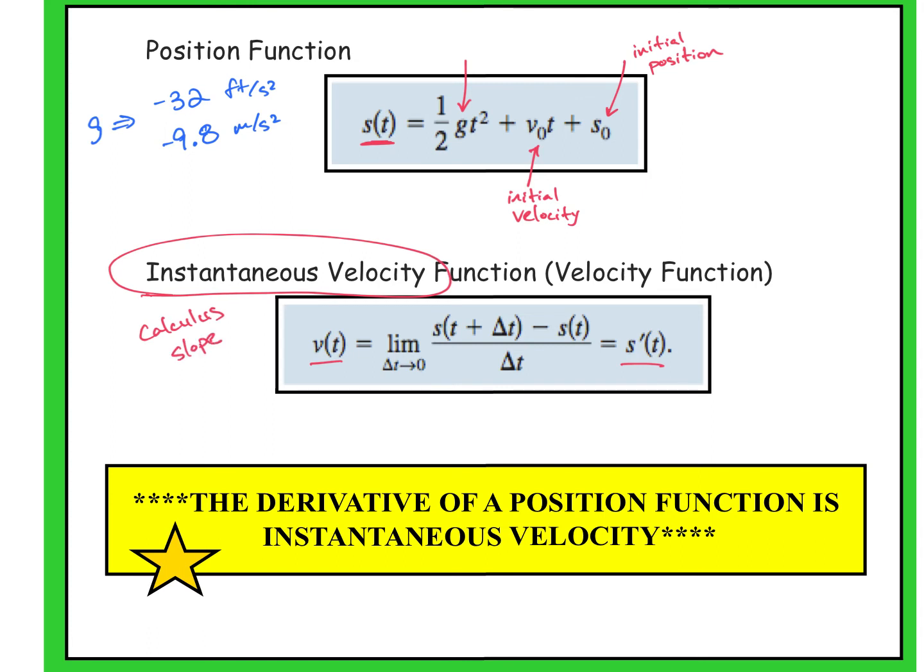Average velocity was what? Algebra slope. Instantaneous velocity is calculus slope, which means we're going to be taking that D word, derivatives. We're going to be taking derivatives. So if I have a position function and I need instantaneous velocity, I'm going to take a derivative.